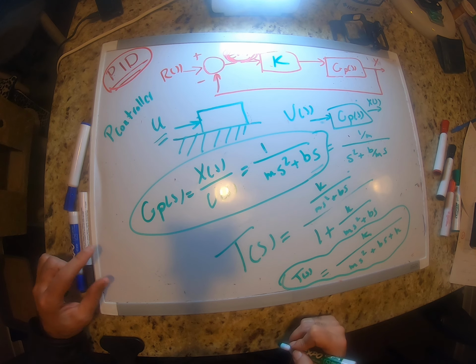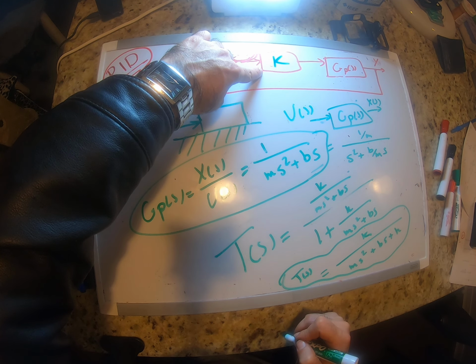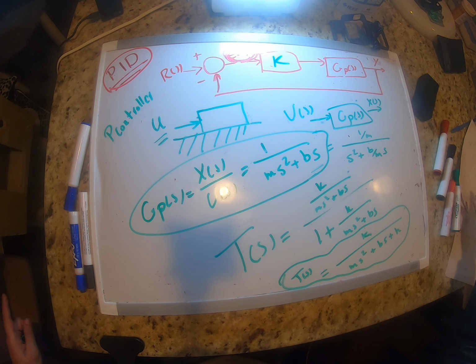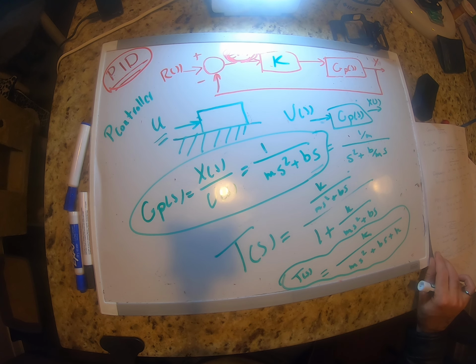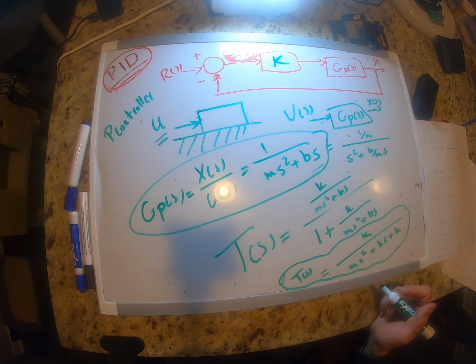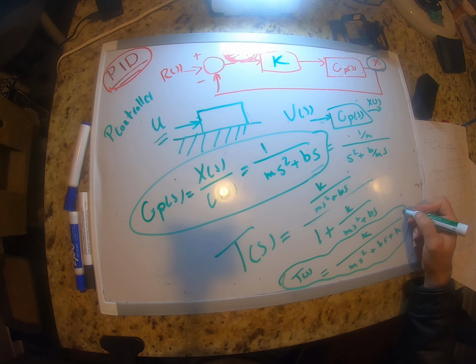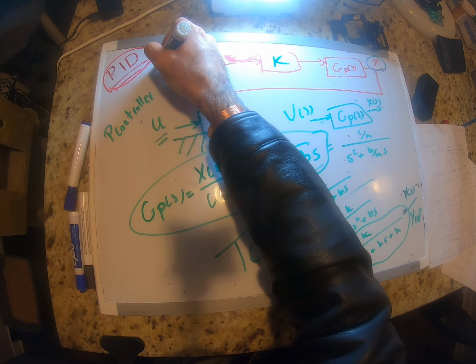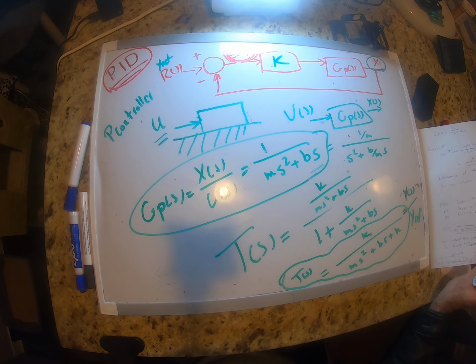So if I use a proportional controller, now my closed loop transfer function changes from this one to this one. Now by changing k, you can control the value of y. This is going to give us the ratio between Y of s and Yref of s, or R of s, doesn't matter. Okay.